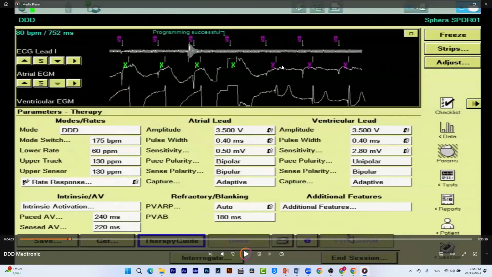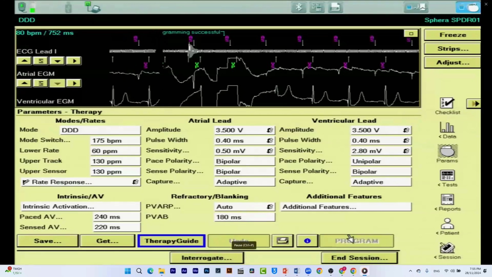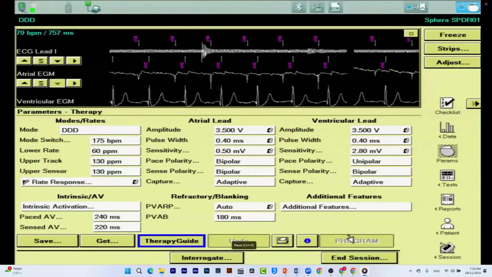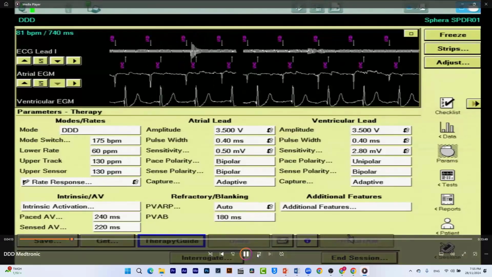So I promote the intrinsic conduction, as the patient presented with 100% pacing. So atrial sense, ventricular sense, atrial sense, ventricular sense.